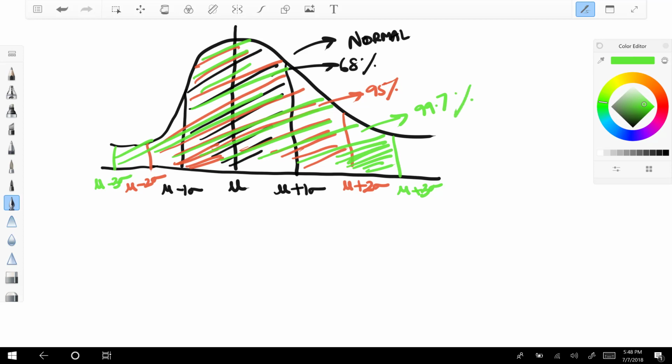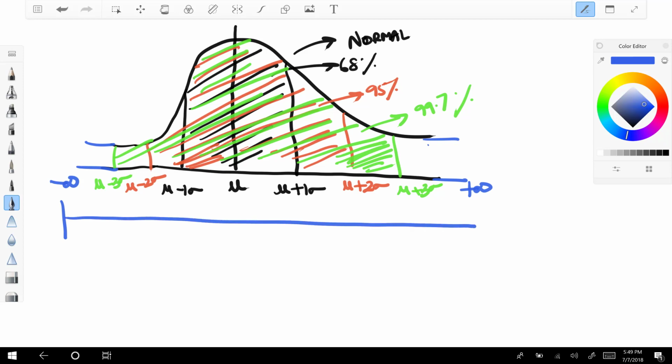A normal distribution goes from negative infinity to positive infinity, and this entire area should be 100%.